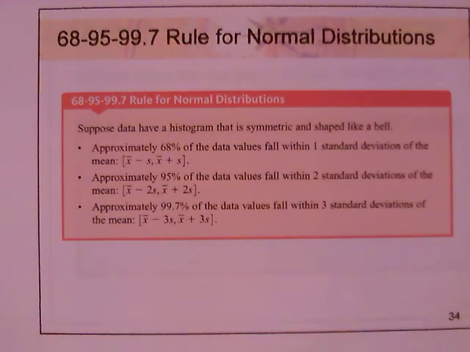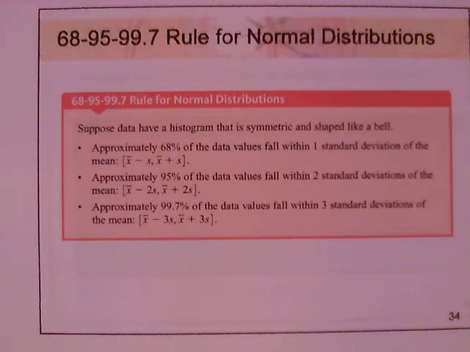One standard deviation below and one standard deviation above. Then the next bullet is approximately 95% of the data values fall within two standard deviations of the mean. That's from x bar minus 2s to x bar plus 2s. So that means two standard deviations below the mean and two standard deviations above the mean.